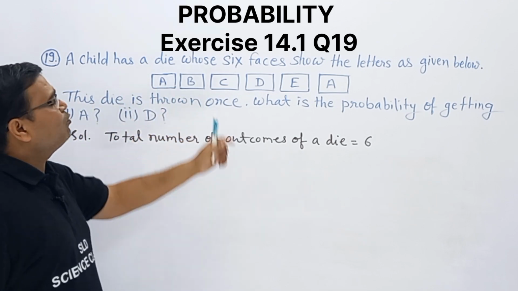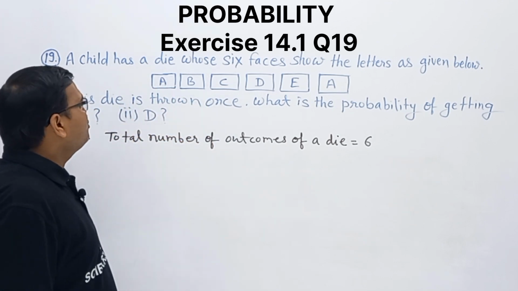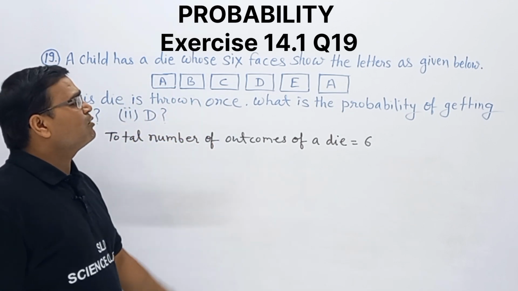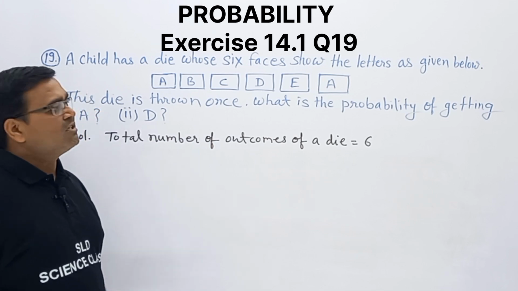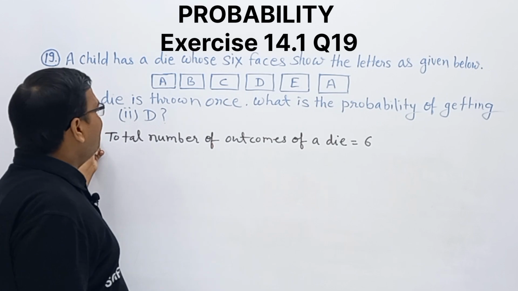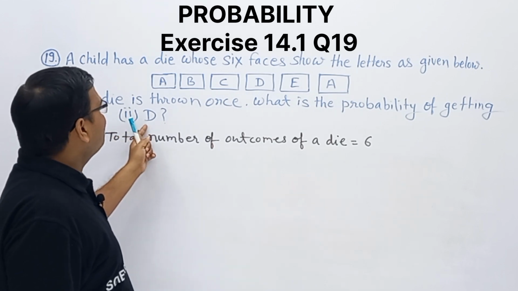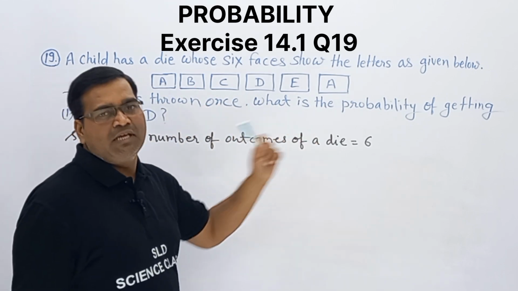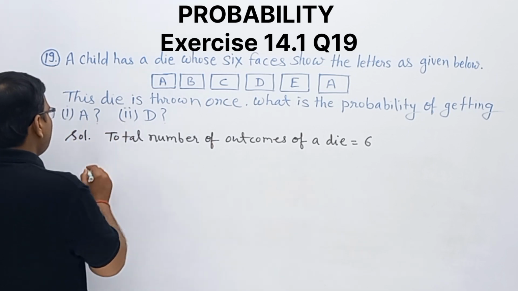This die is thrown once. It means once we throw a die, total possible outcomes will be 6. What is the probability of getting A? Another one is, what is the probability of getting D? So we have 2 questions.